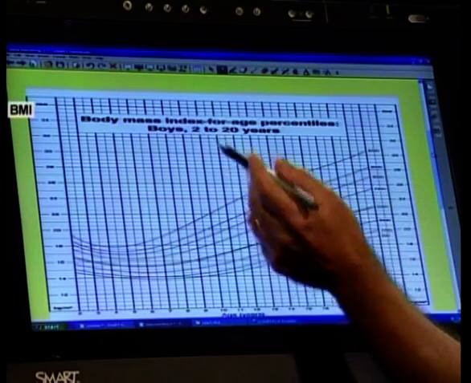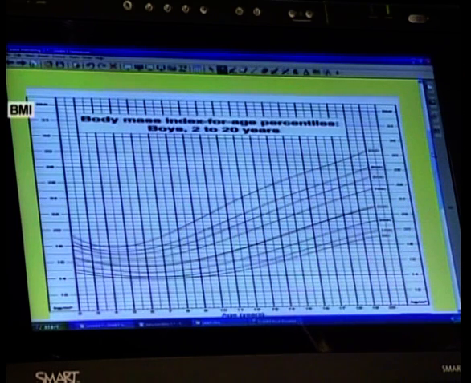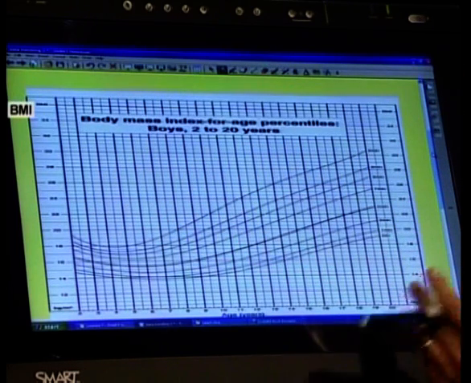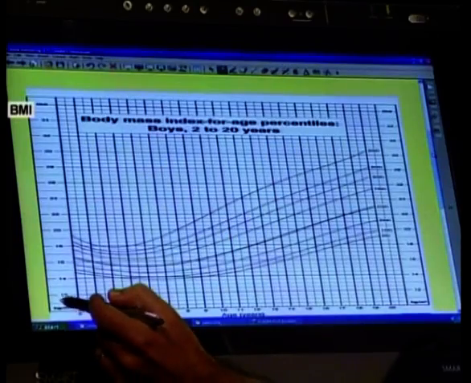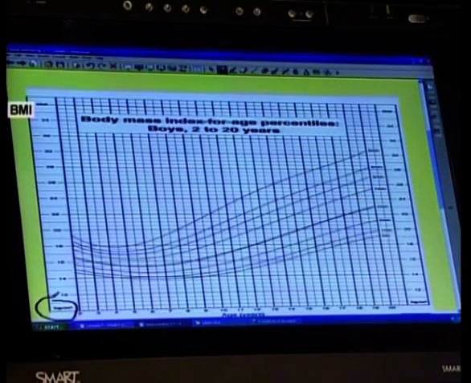On the left-hand side, as well as on the right-hand side, in the Y direction, they've given us the data known as BMI. BMI simply stands for body mass index. They've also told us at the bottom here the kilograms per meter squared. That's simply the units that body mass index is measured in.